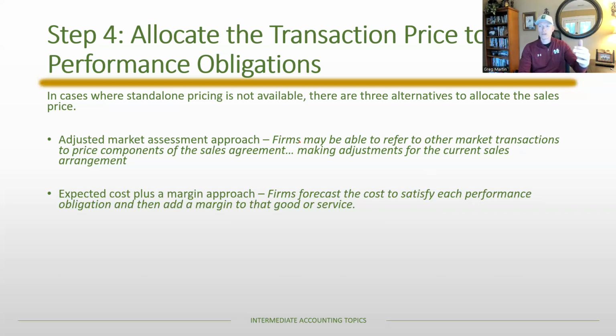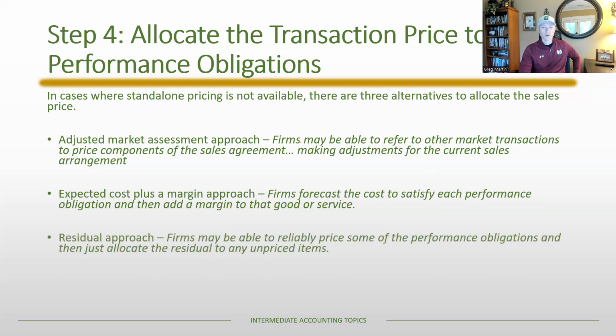So essentially the first one is a situation where I have a reliable estimate or standalone pricing for all items. And then the second one is a situation where I have no market information, no fair value information, no standalone pricing, nothing. The only thing I really know is the cost or my estimated cost.